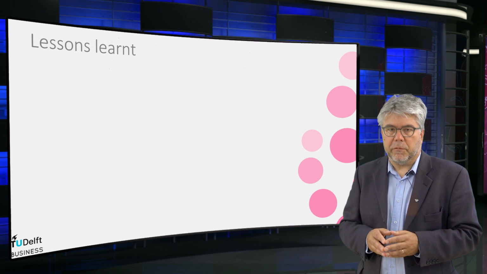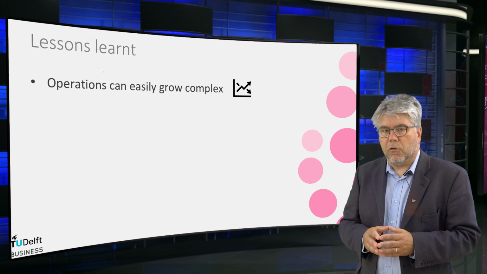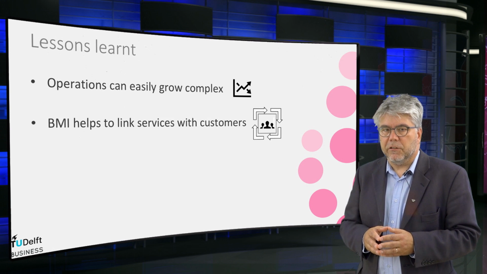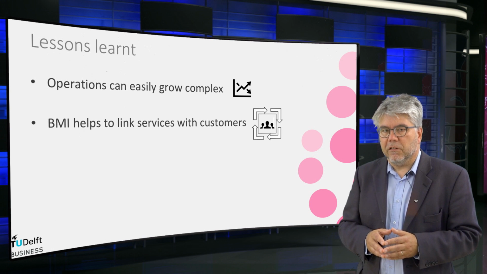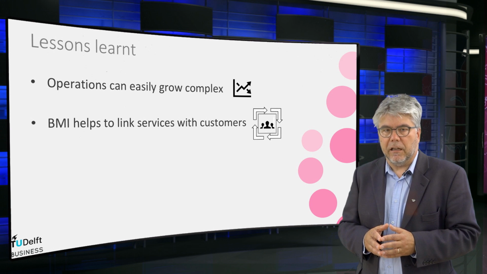The lessons learned from this case is that even in small companies, the operations can grow complex. If understood right, the business model innovation helps in focusing on the most critical services the customer interacts with to simplify and unify them for efficiency and reuse between customer segments to gain economies of scale and agility in operations.